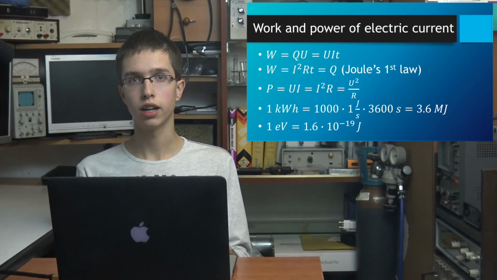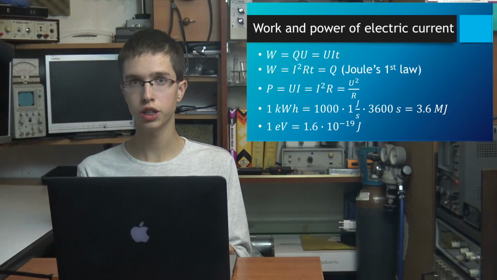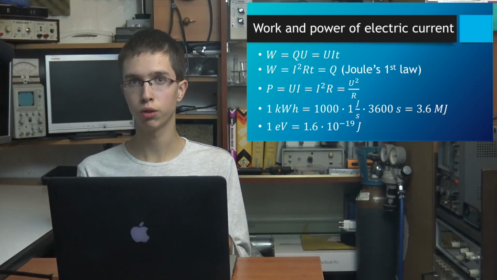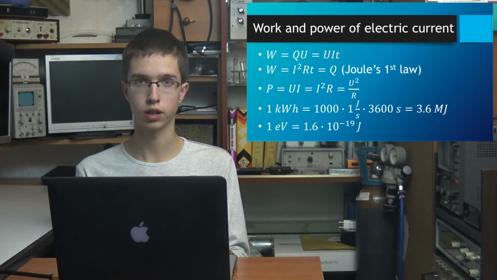Work of electric current is the amount of electric energy converted into other forms of energy, such as heat, when current goes through conductors. From the formulas for current, that current is Q over t, and voltage is W over Q, and Ohm's law, which says that U is I times R, we can get these formulas for work, W, of electric current.